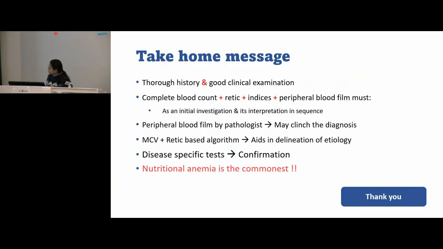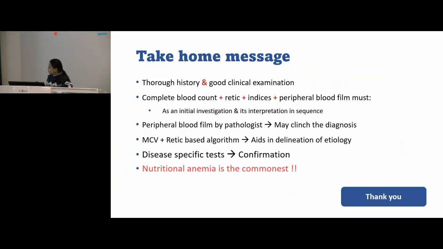A complete blood count with reticulocyte count and RBC indices, and your peripheral blood smear, will probably give you a clue to what you're dealing with. And if you have a very good pathologist, the peripheral smear findings sometimes can clinch the diagnosis. We have seen various algorithms, MCV based and reticulocyte count based, that can help in delineating etiology. So based on what you're thinking, you will go ahead and do the specific diagnostic test for confirmation.